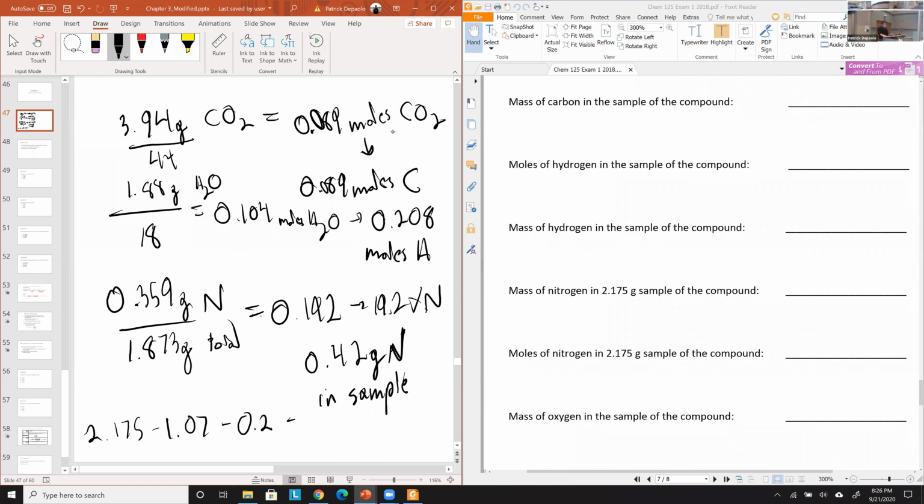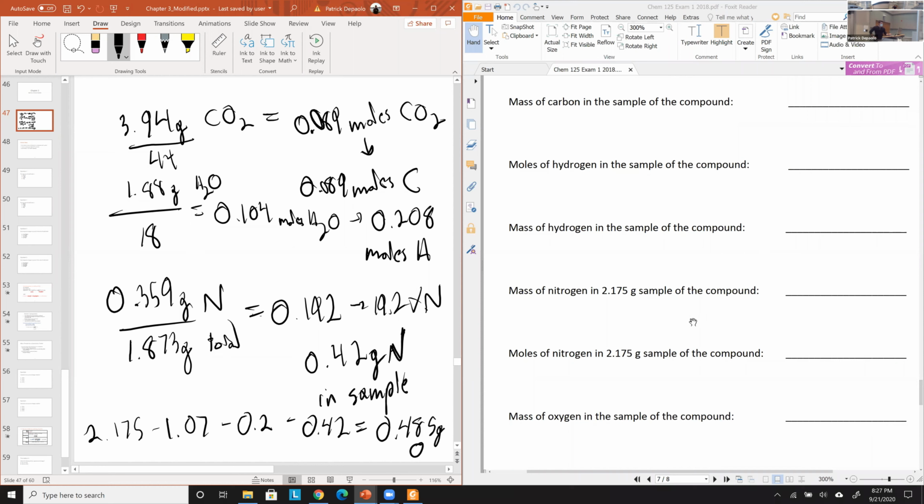And then the grams of nitrogen, 0.42. So you do that math, and you end up with 2.175 minus 1.07 minus 0.2 minus 0.42. You end up with 0.485 grams of oxygen. Okay, good.